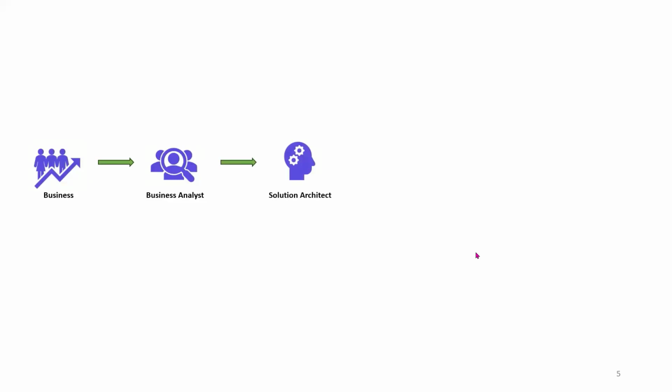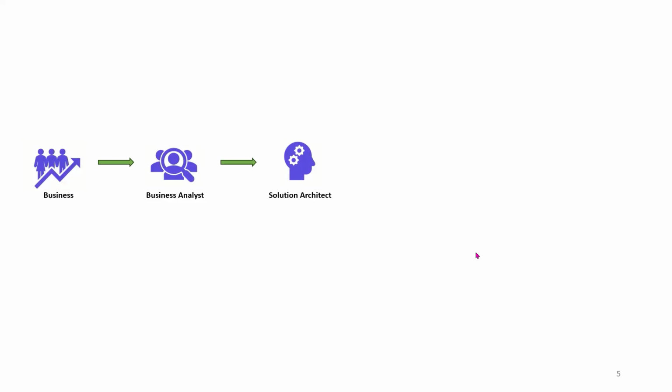First, the business comes up with a requirement for the application, and then the business analyst will gather the information from the business, analyze it, convert it into a set of high level technical requirements, and pass that information to the solution architect.